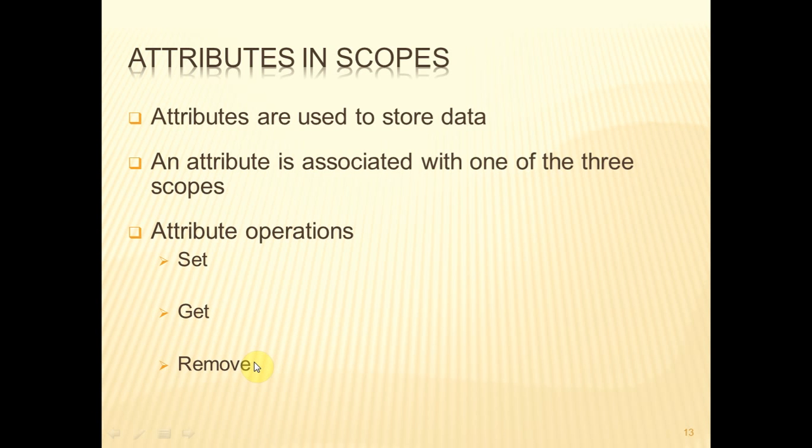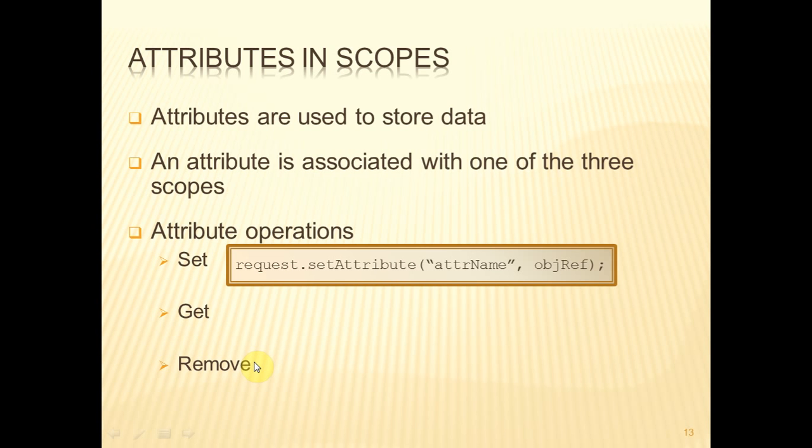Now, these attributes are used to store data. Objects, such as Java beans, are able to store data as well. So if we were going to set an attribute, we would first need to set up an object. It could be a Java bean object, might be some other kind of object, with an example coming up later on.